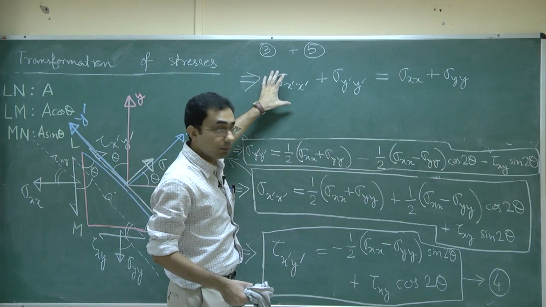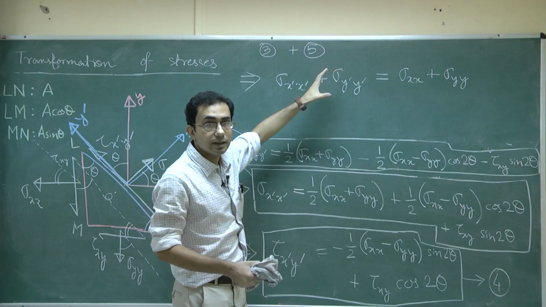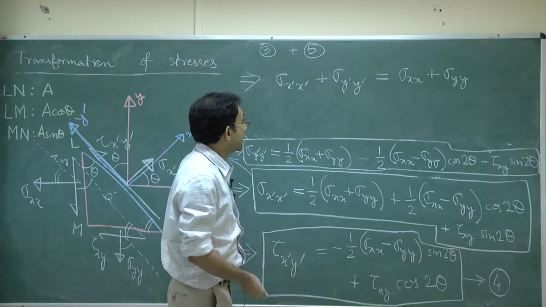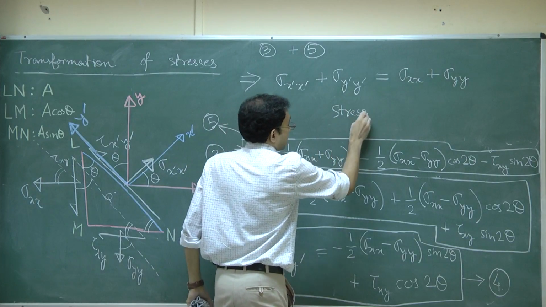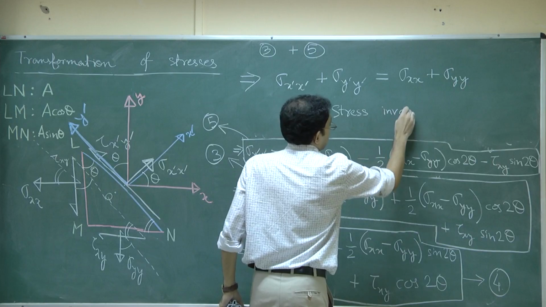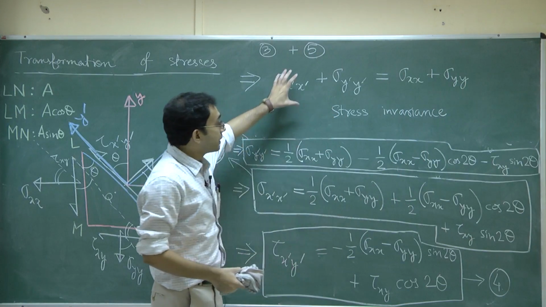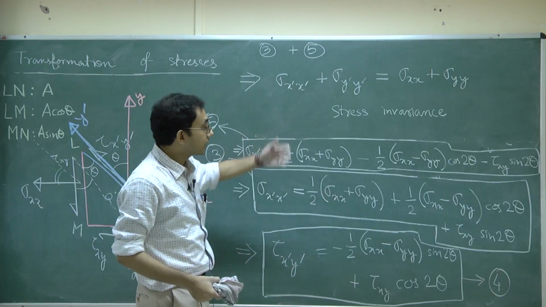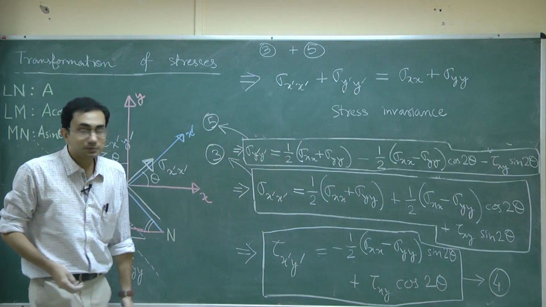It just so happens that this particular summation has this special form of being equal to this, and this particular property is referred to as stress invariance. So just like we have this particular property of stress invariance, we can have other versions of stress invariance. So we'll see them as we go along.